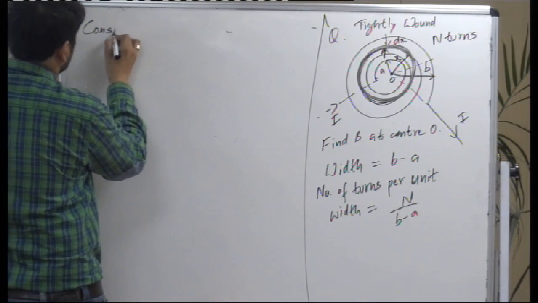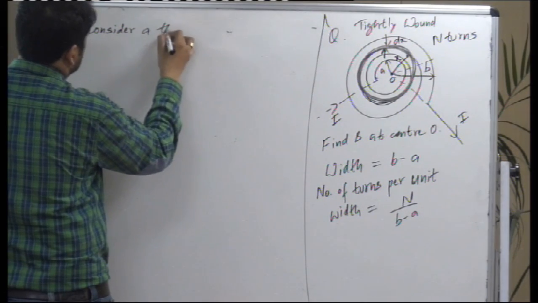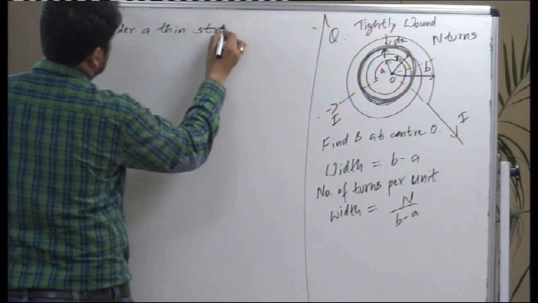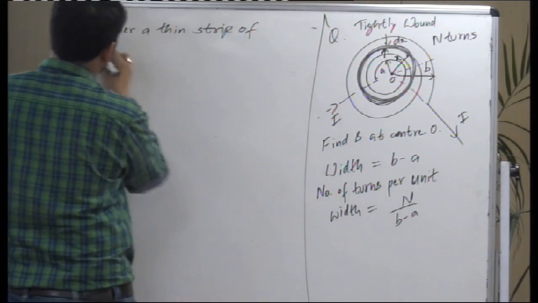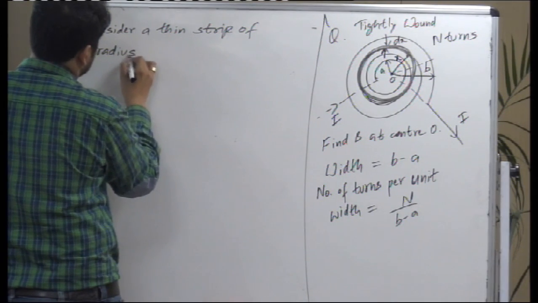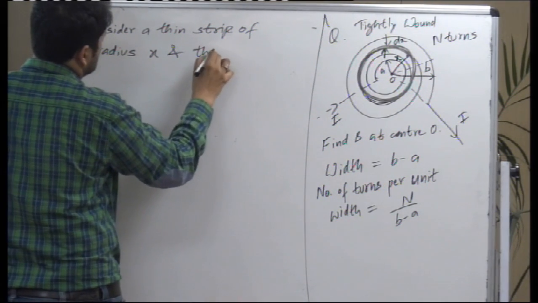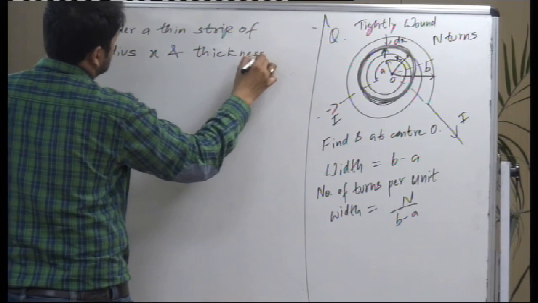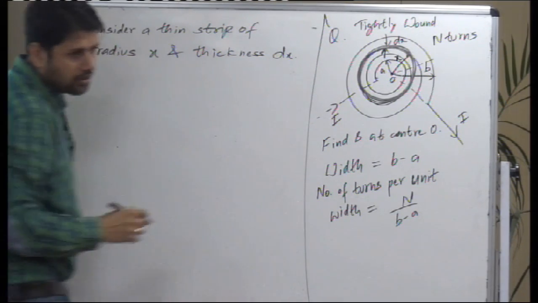Consider a thin strip of radius x and thickness dx. Okay.